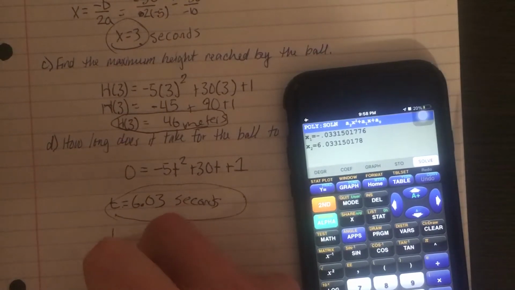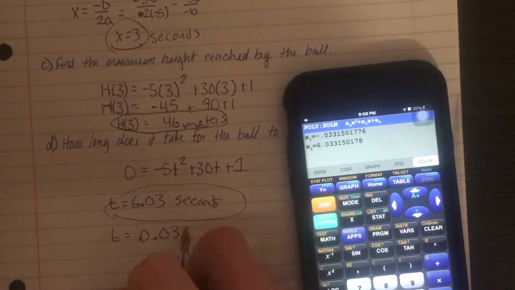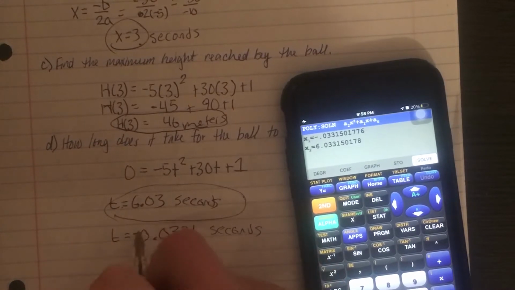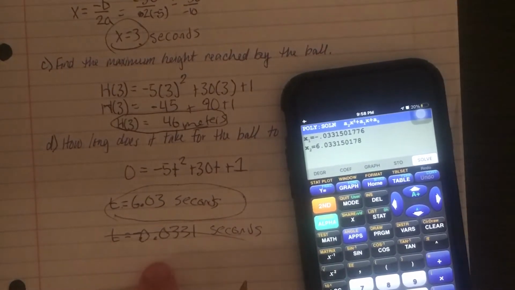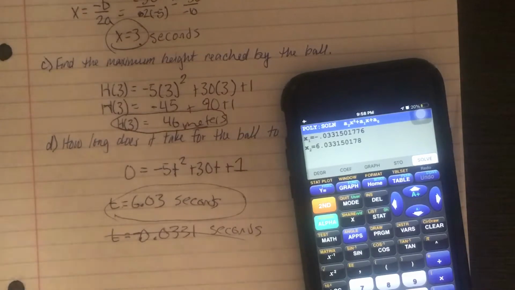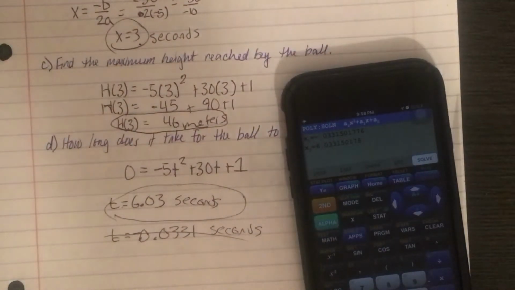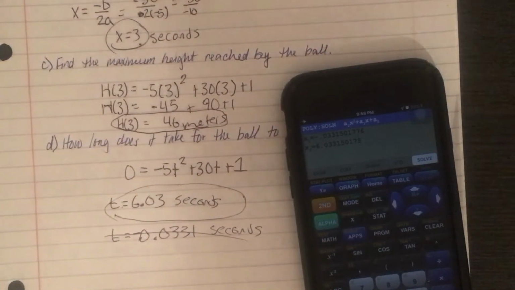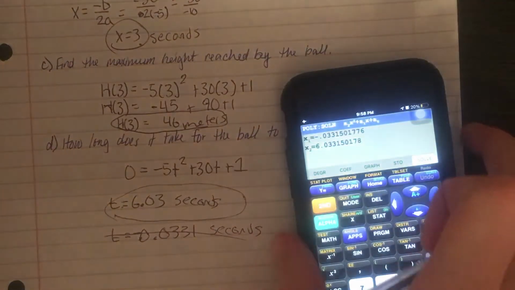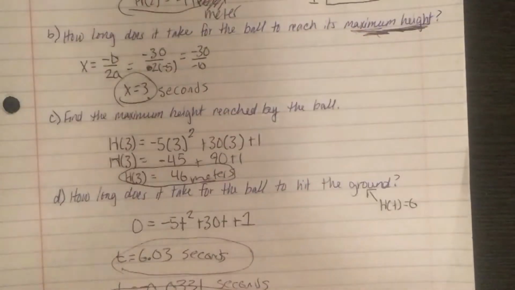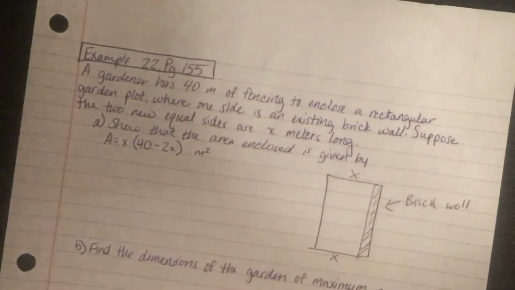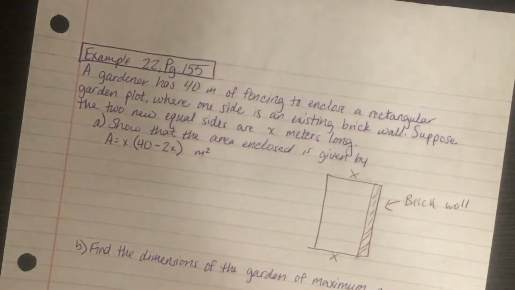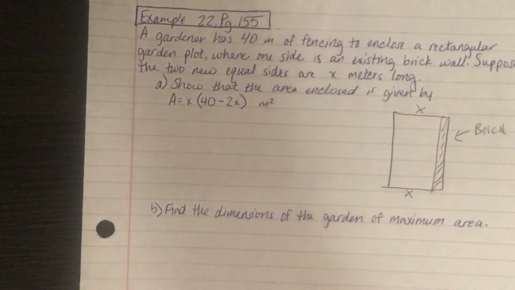You'll see that there's actually a second answer here, -0.0331 seconds. That's negative, but we're not going to count that answer because that is negative time. Negative time would be time travel, so we are not going to include that. Next, we're going to look at two more together and then we'll call it a day. It'll be a pretty short day.